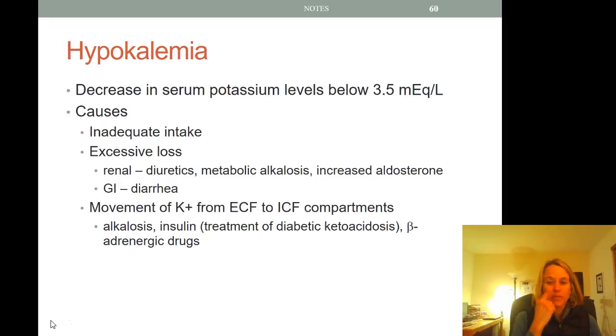Movement of potassium from the extracellular fluid to intracellular fluid compartments can occur with alkalosis, like I just showed you in the previous slide, insulin, for instance, in the treatment of diabetic ketoacidosis, and also beta adrenergic drugs, which stimulate the sympathetic, which mimic the sympathetic nervous system response.